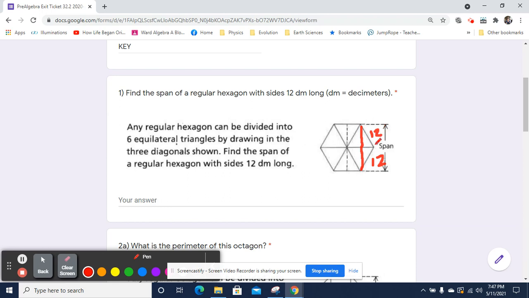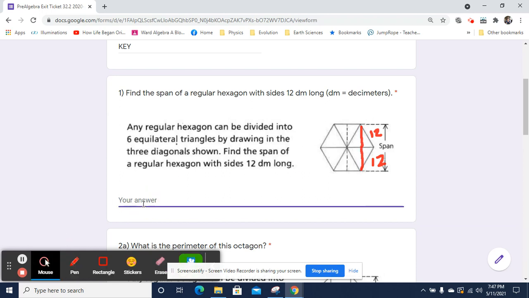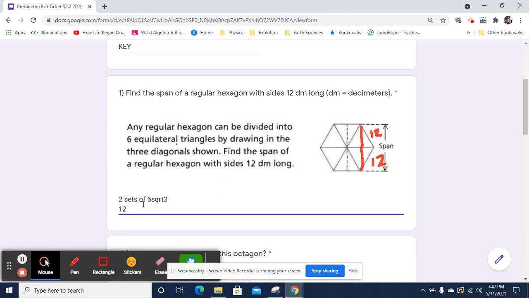We're going to have 12, then this will be 6, and so that will be 6 root 3. Since there are 2 of them, they will be 12 root 3. So the span is going to be 2 sets of 6 square root of 3, so that's 12 square root of 3. And in this case, it's decimeters. I have given you a unit.